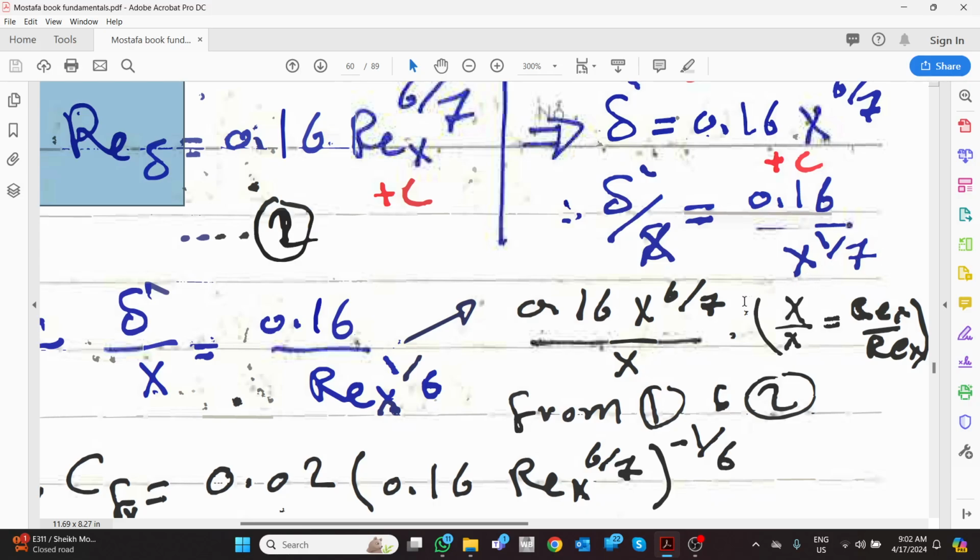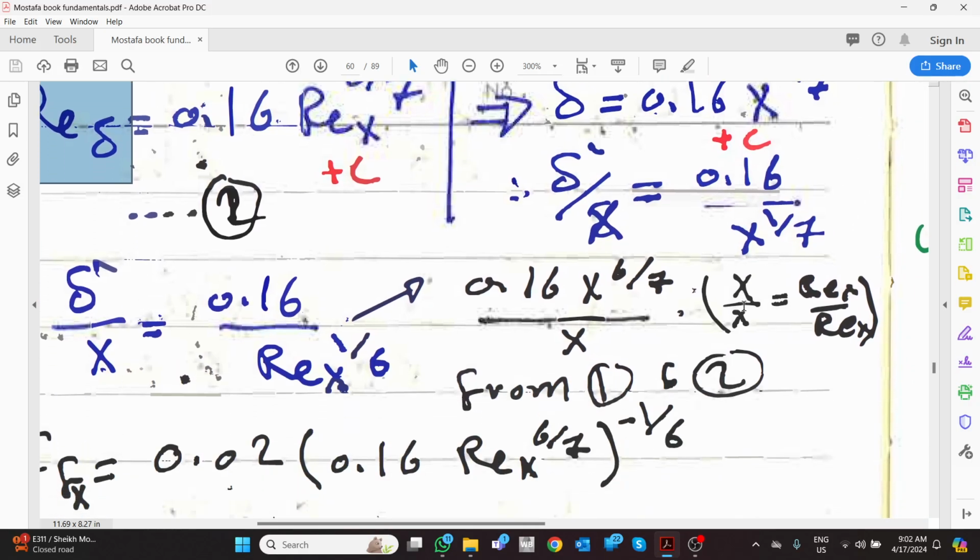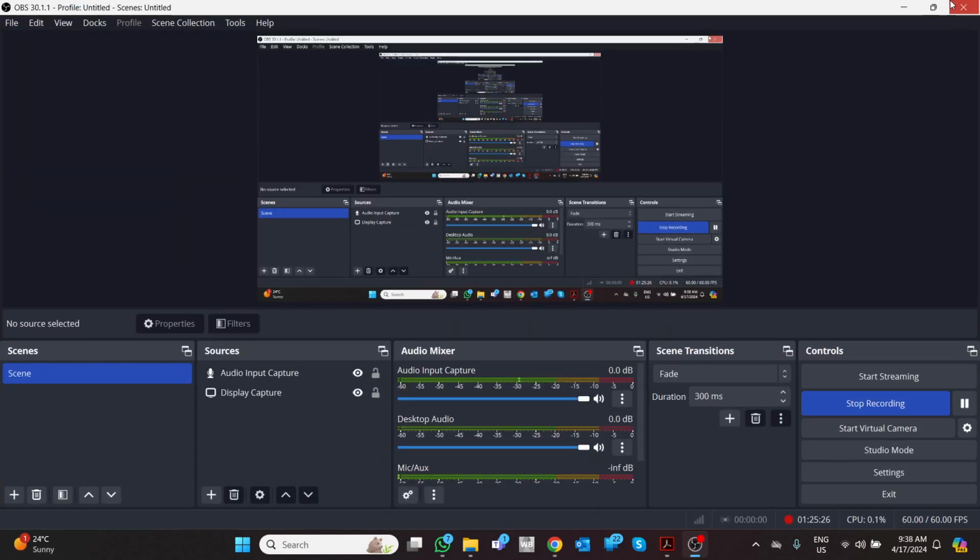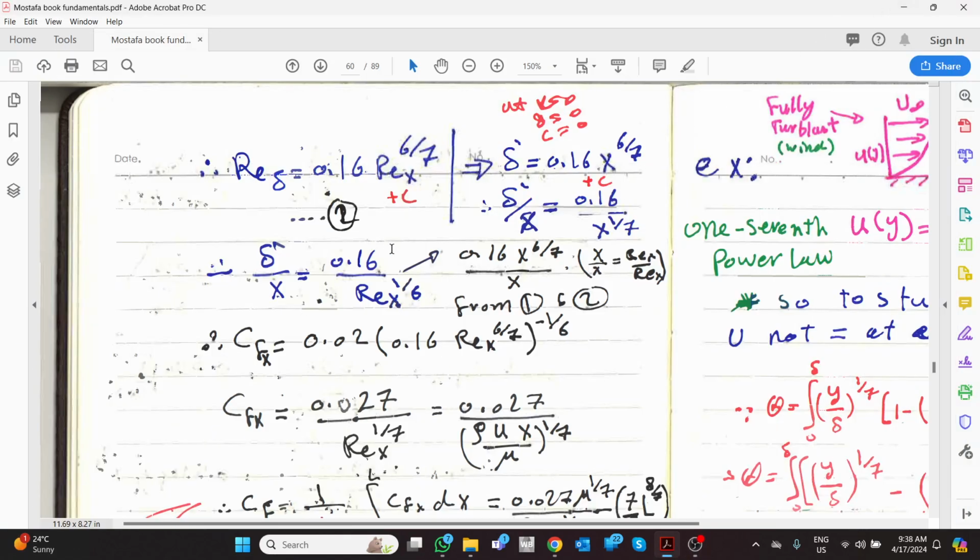How did we get it in terms of Reynolds number? Because we know that delta, we name it dash just to differentiate it, over x is Reynolds number for delta divided by Reynolds number of x, based on this approximation.